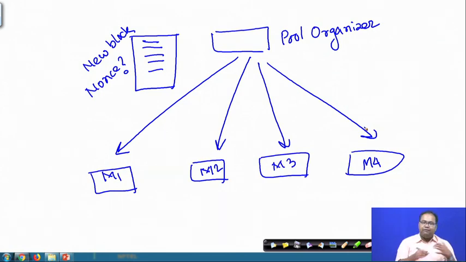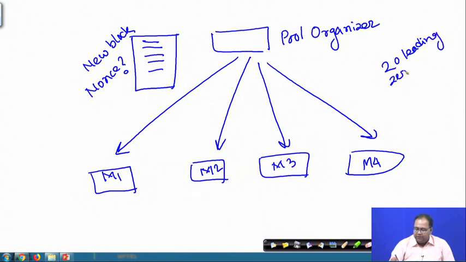Now, what happens? Every miner independently tries to find out this nonce value. Assume that the current difficulty level asks for, say, 20 leading zeros at the prefix. Say this is the current mining difficulty.